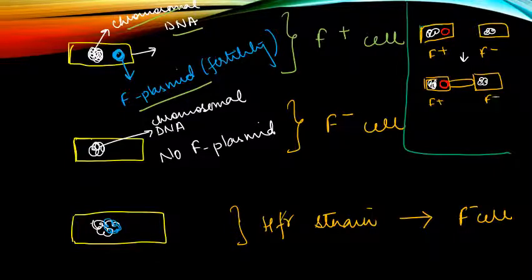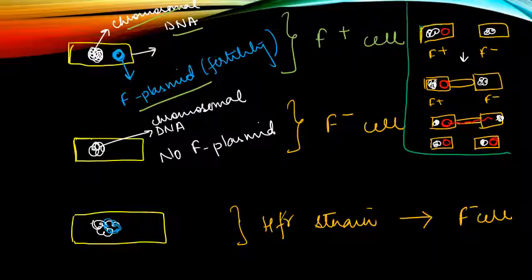Now after some time, what will you see? Through this sex pilus there is a transfer of a copy of the F plasmid. Now this is again present. After some time you will see this F negative cell now has both the F plasmid and the chromosomal DNA.